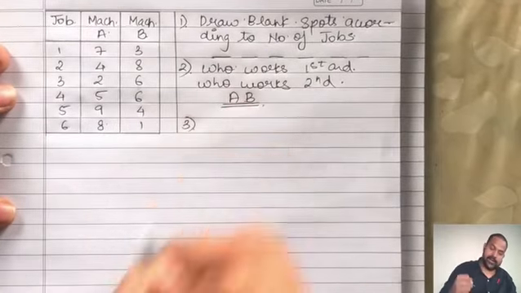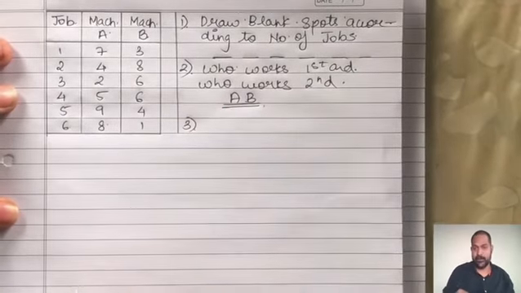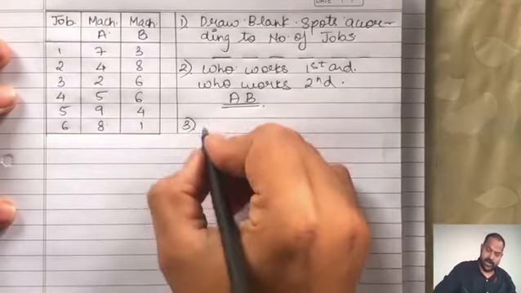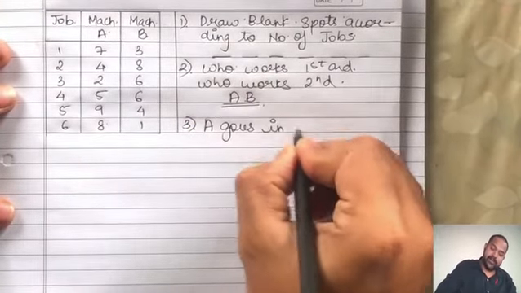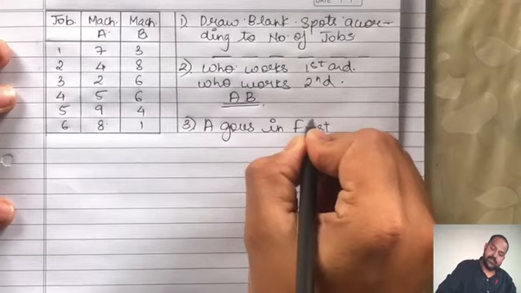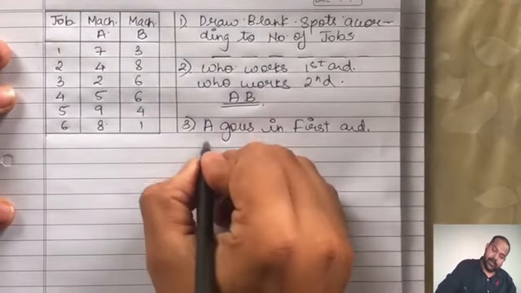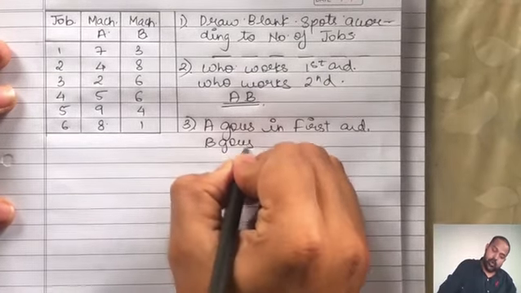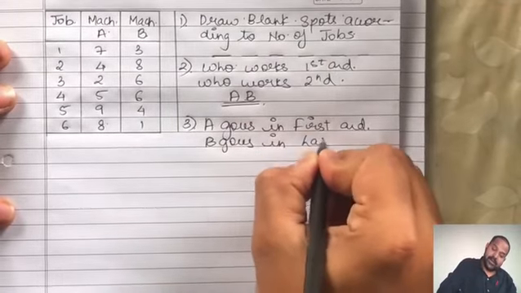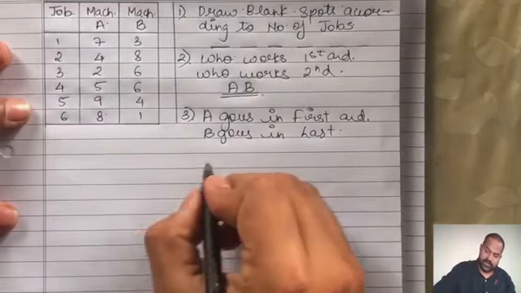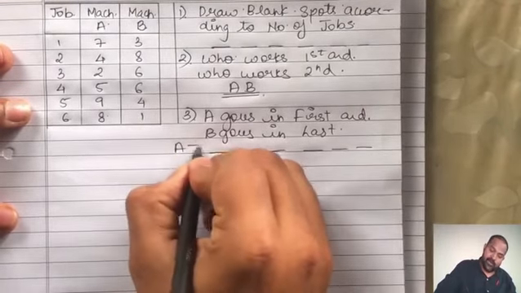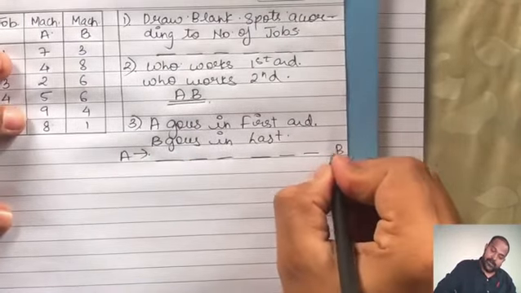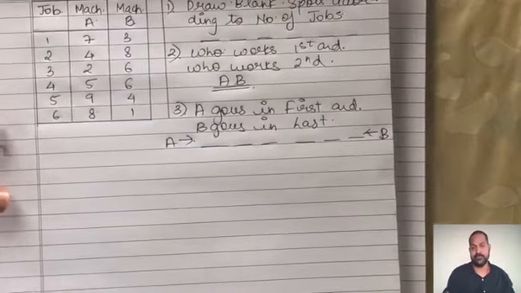So now remember that if the order is A and B, A goes in first and B goes in last. What does that mean? 1, 2, 3, 4, 5, 6. A will go in from here and B will go in from here.